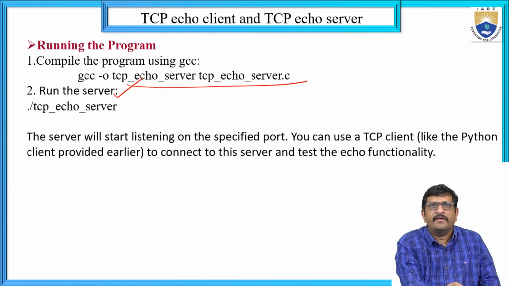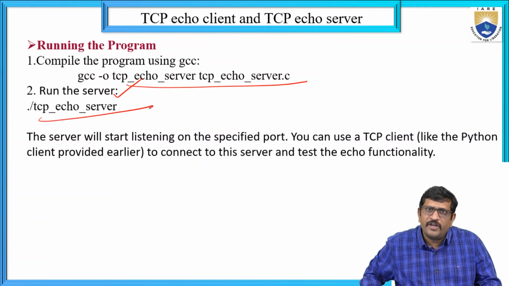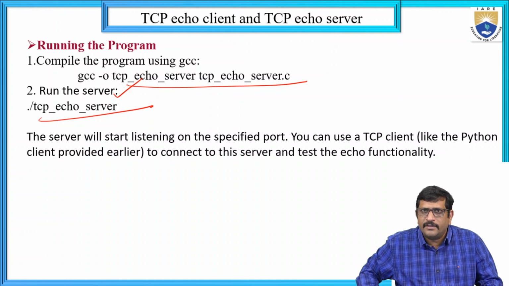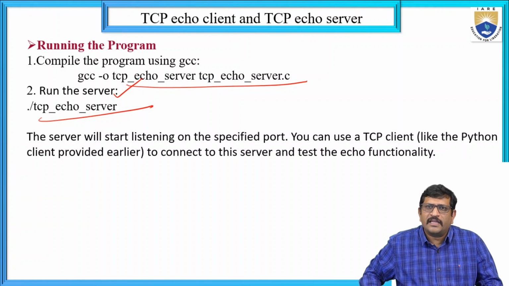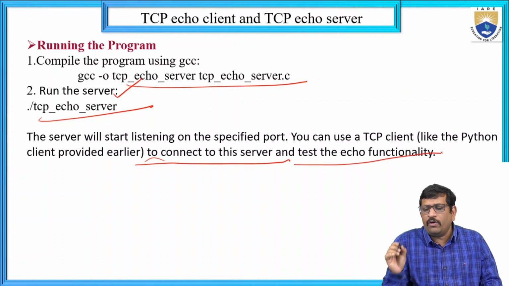The command to run the server is ./tcp_echo_server. Using this file name, we can run the file, and the server will start listening on the specified port. We can use the TCP client, implemented using the Python programming language, to connect to the server and test the echo functionality.